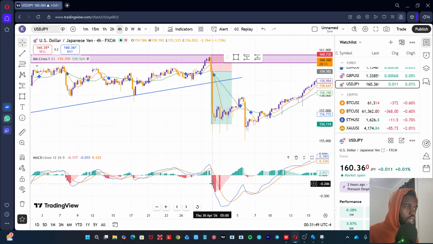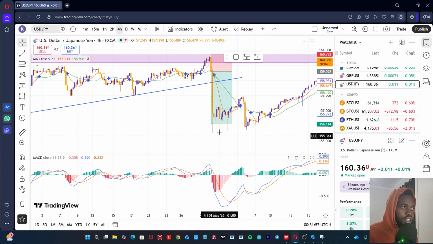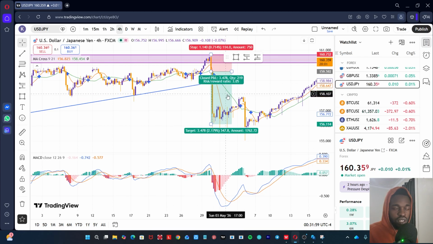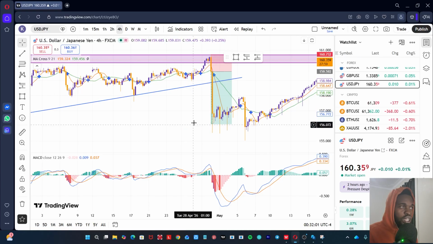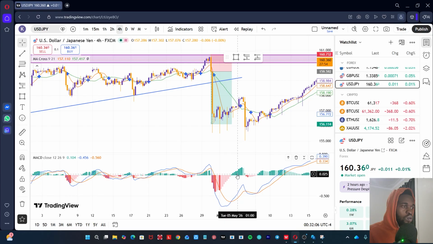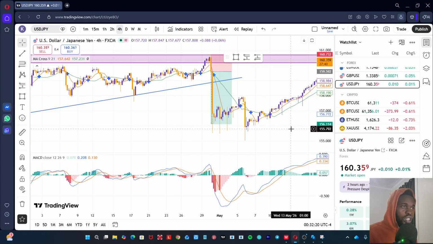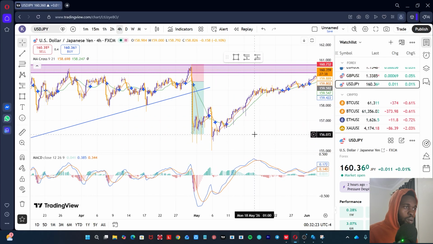So actually, as you can see, when the MACD is bearish, below the zero line, you can tell that there is selling pressure, and you can press your short trade. And then when it's now crossing to the upside in confluence with our moving average, you can see that the price is kind of moving up. So when it's green, you can see the bullish momentum.